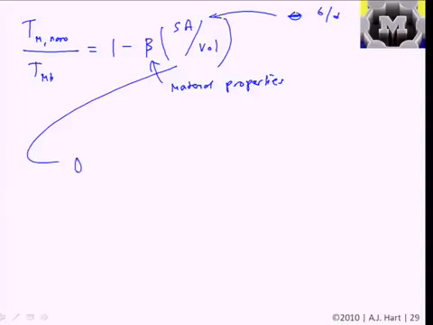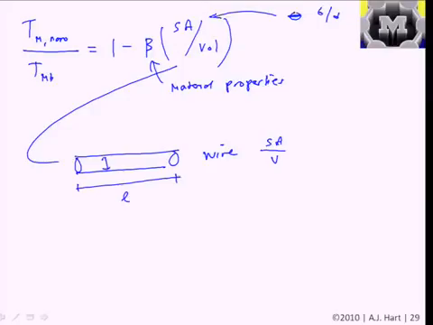And if we did it for, say, a nanowire, with a length of L and a diameter of d, we would get the surface area to volume is equal to 4 over d plus 2 over L. And if L is much greater than d, then this is just equal to 4 over d.